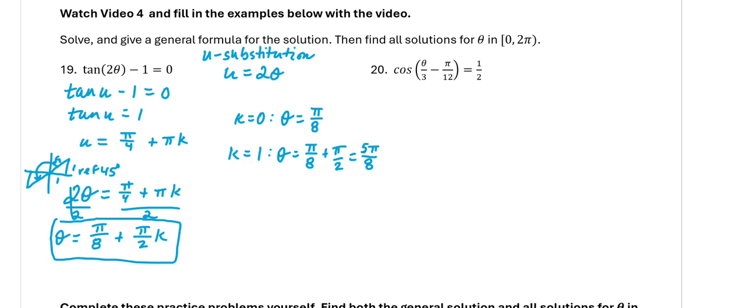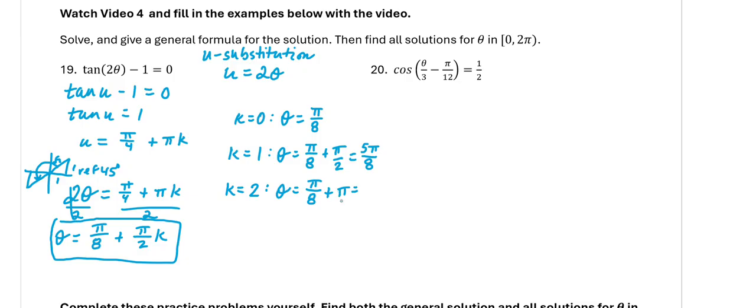Okay, 5 pi over 8, that's more than pi over 2, obviously, so it's in quad 2, so that is a good answer. So we have to keep going. K is equal to 2. Theta would be pi over 8 plus, and then we want to do pi over 2 times 2. So that would actually equal pi. So pi over 8 plus pi.